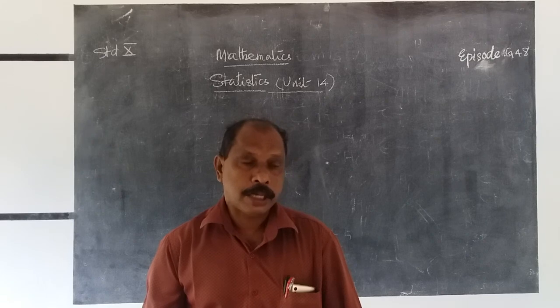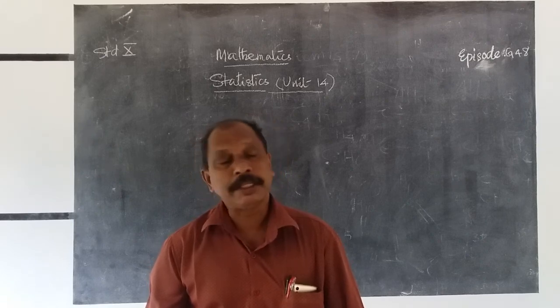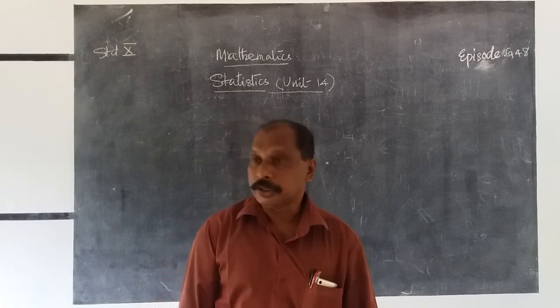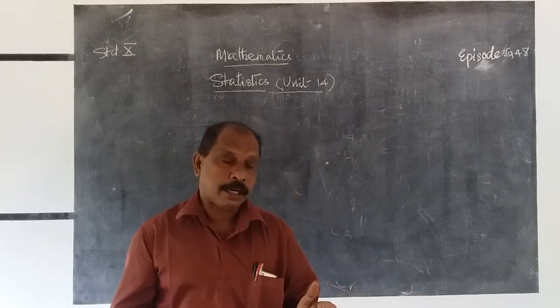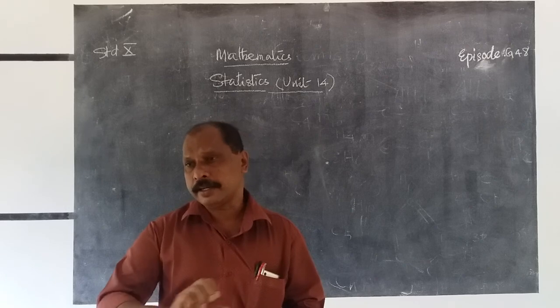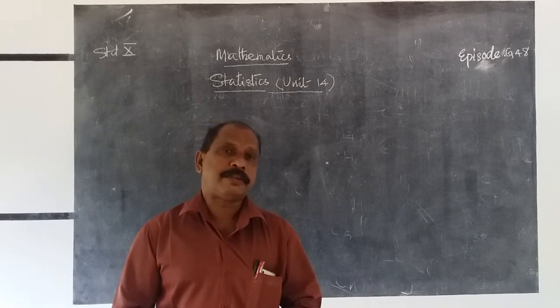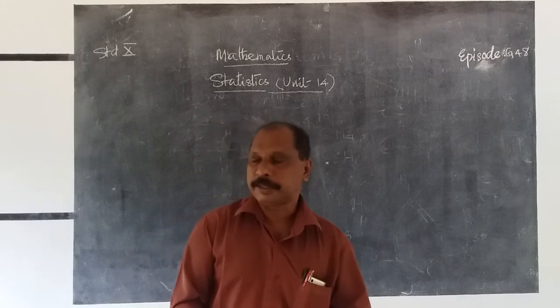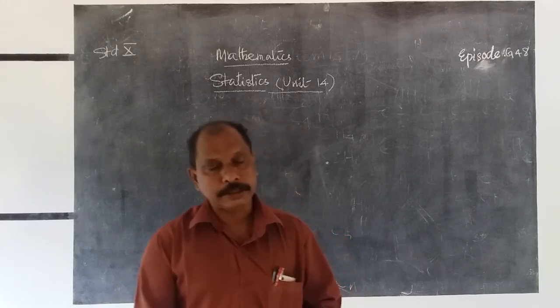Therefore, in our chapter, statistics is a branch of mathematics or science that deals with the collection of data. Then we can arrange the data, and after interpretation, we get some result. The process to find the representative is known as statistics.